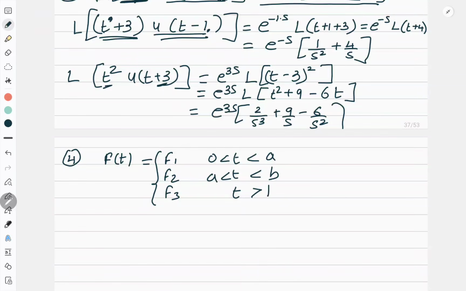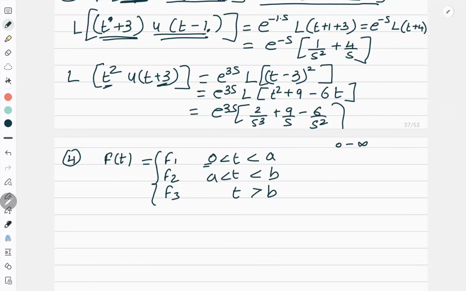And t is greater than b. Now the very first thing you have to keep in mind is it should always start with 0 and it should always end at infinity, because in Laplace transform, the range is from 0 to infinity. If it is not, we need to convert it. How to convert it? That I'll teach you.